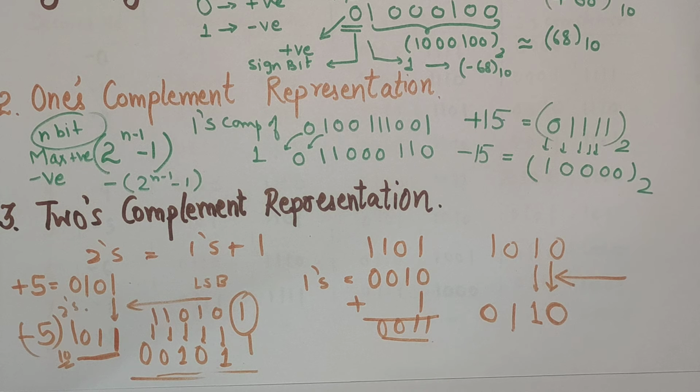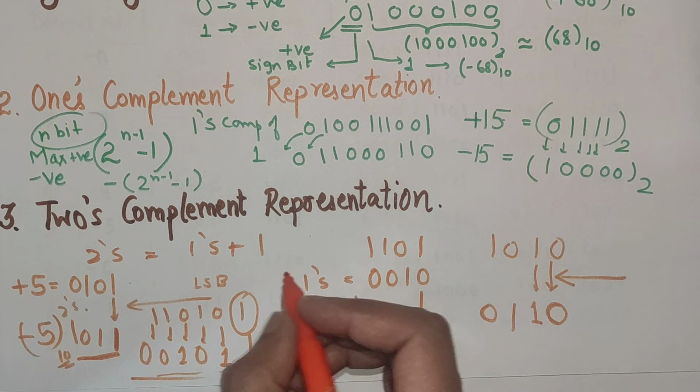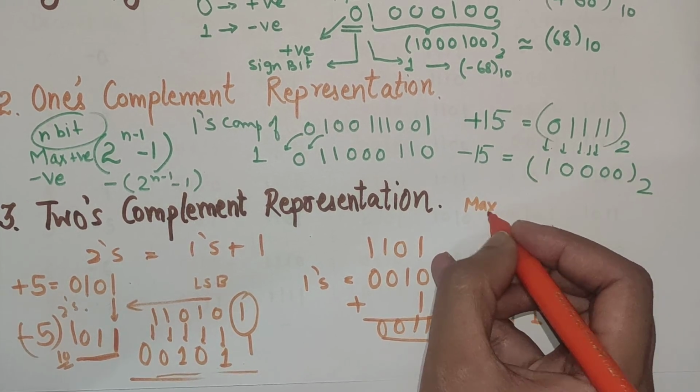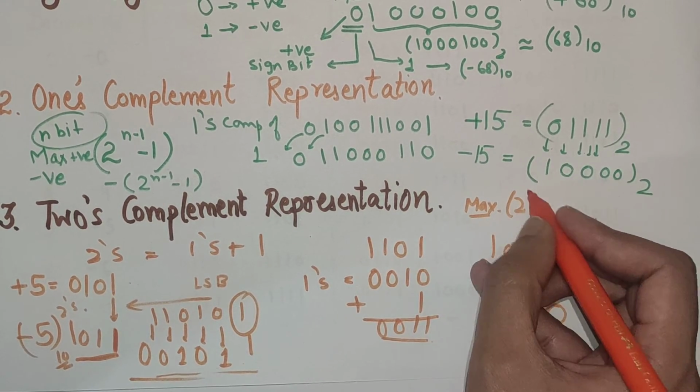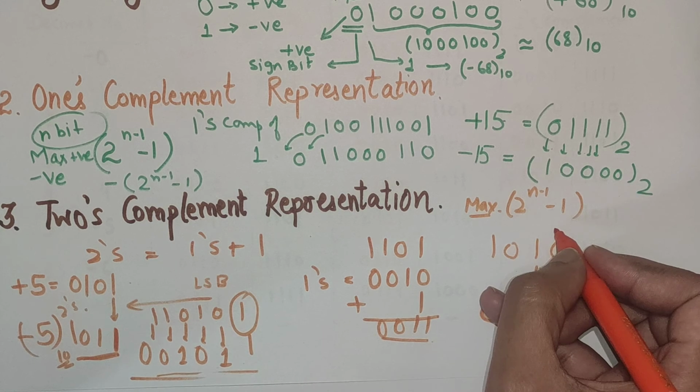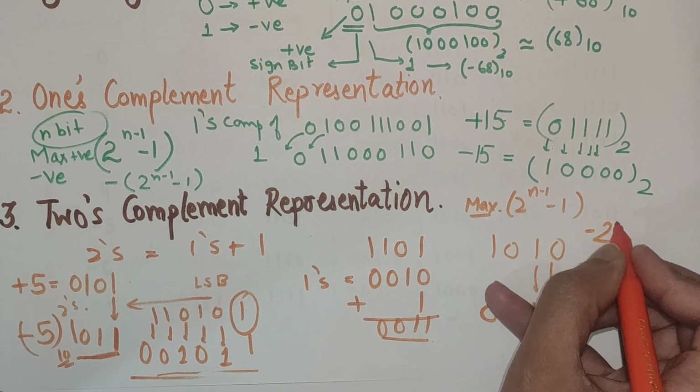For any n-bit number, the maximum positive number which can be represented in 2's complement is 2 to the power n minus 1, minus 1, and the max negative number is minus 2 to the power n minus 1.